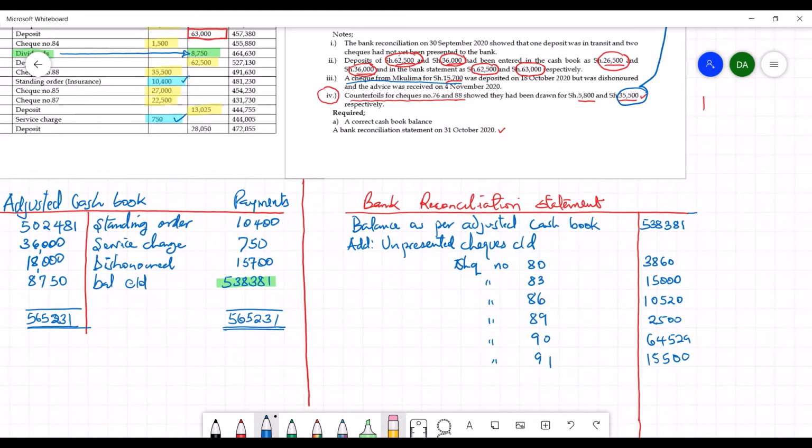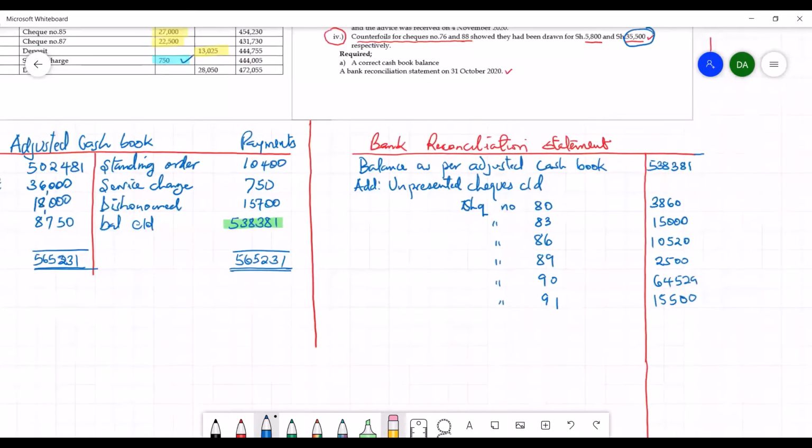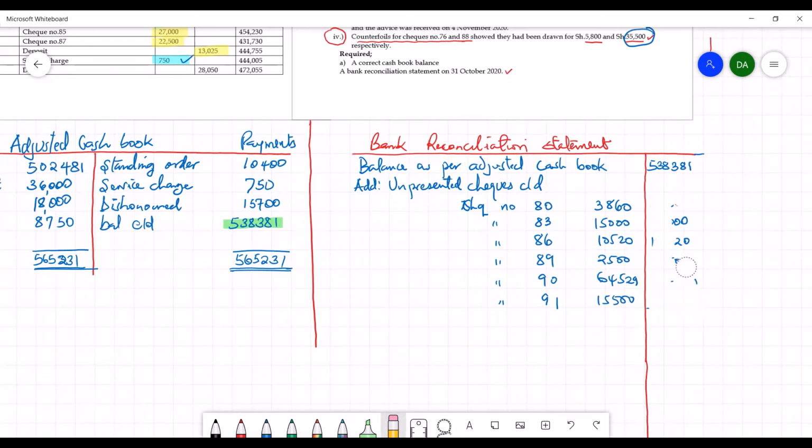Now, all these checks, as you can see, if we add them, we're going to get a total of 111,909, which then we add to the balance as per adjusted cash book.